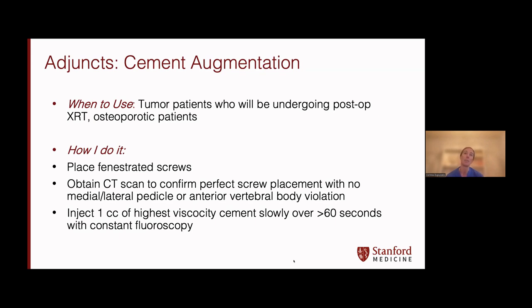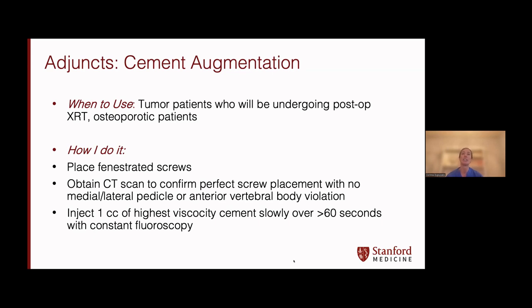And so after that happened, if you go and look in the literature, there's not as much literature from spine vertebral augmentation, cement augmentation, but there is from vertebroplasty in the interventional radiology world. And there's some data that shows that maybe up to 30 or 40% of our patients may actually have asymptomatic tiny cement emboli after vertebroplasties.